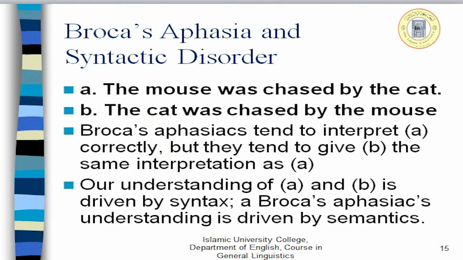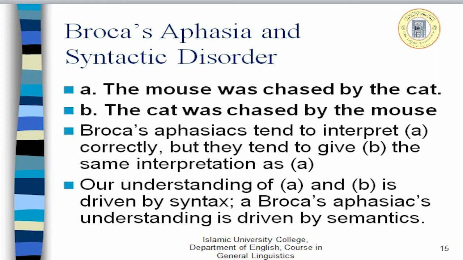Sometimes within the syntactic disorder regarding Broca's aphasia, production of speech, the aphasics tend to interpret two different sentences with the same words as one sentence. For example, the mouse was chased by the cat, and the cat was chased by the mouse.